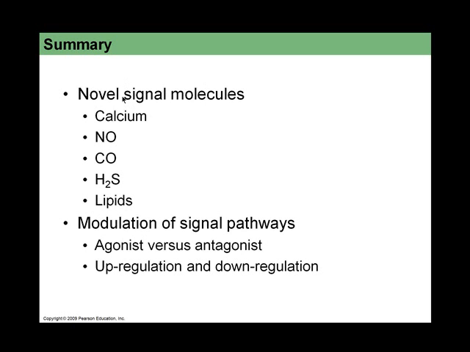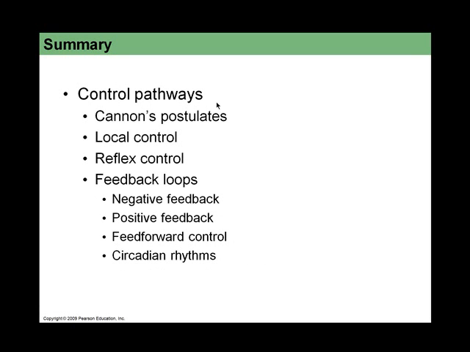And then novel signal molecules in this second presentation: calcium, nitric oxide, carbon monoxide, hydrogen sulfide, and some of the lipids. And modulation of signal pathways, we saw the agonist versus the antagonist, upregulation versus downregulation.